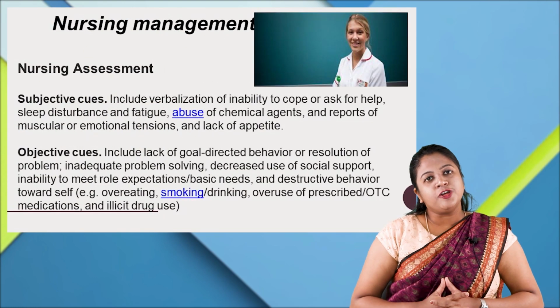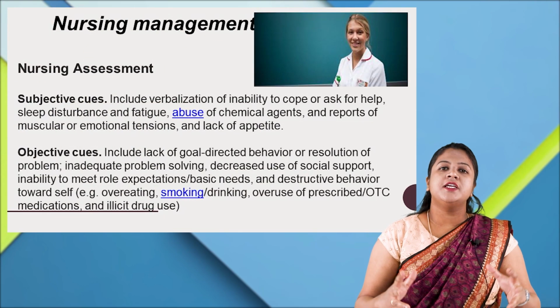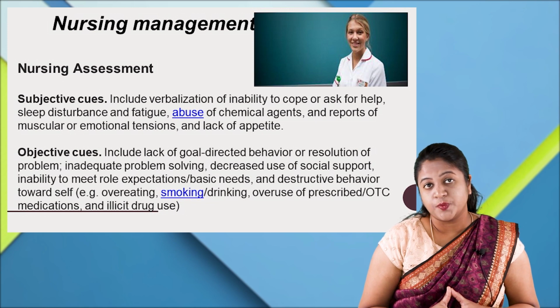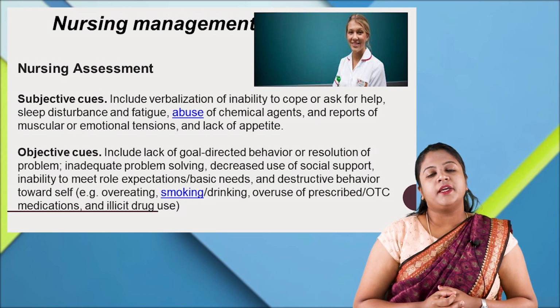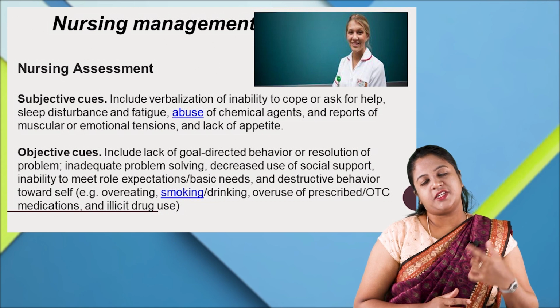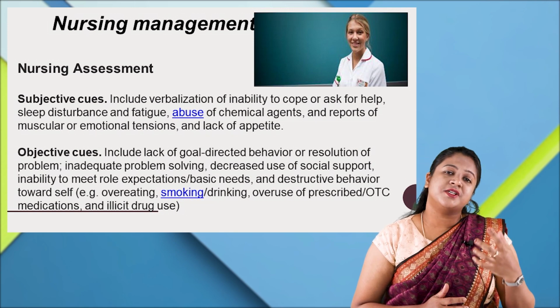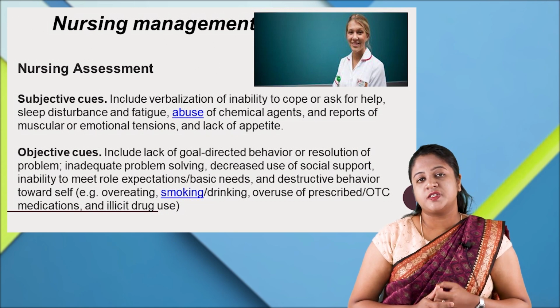Right. So moving on to the nursing management. What is the nursing management for a client with depression? The first one is the nursing assessment. In the nursing assessment, you're going to do a subjective assessment and an objective assessment.